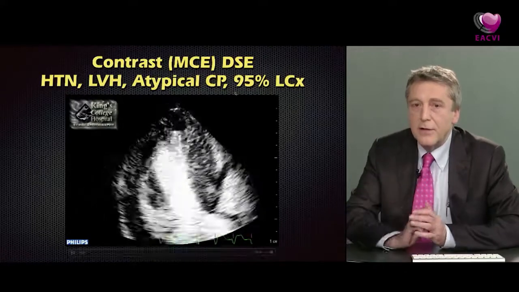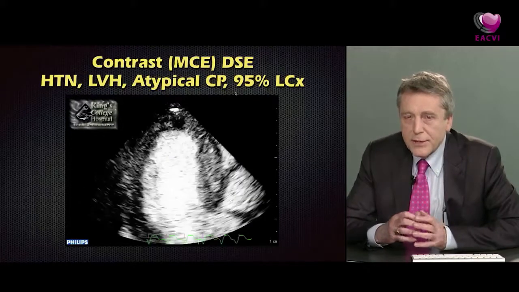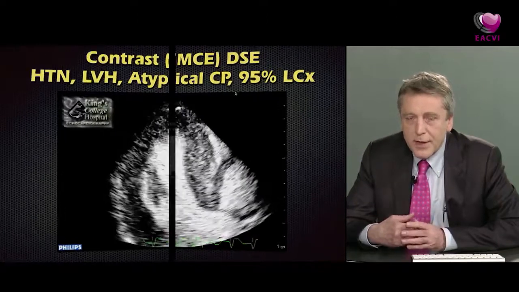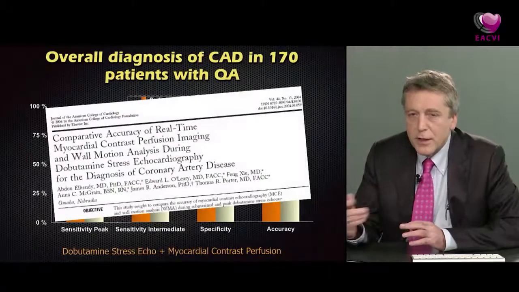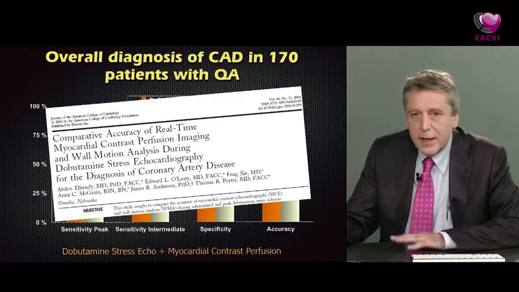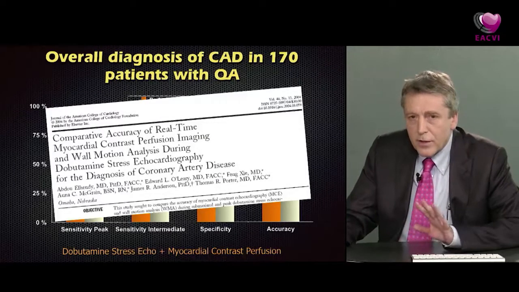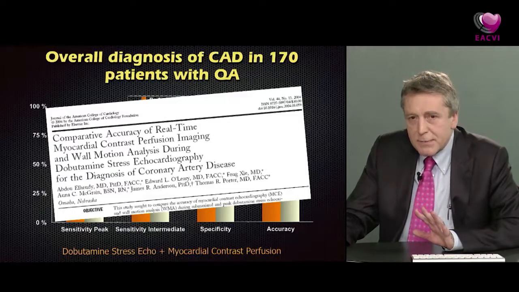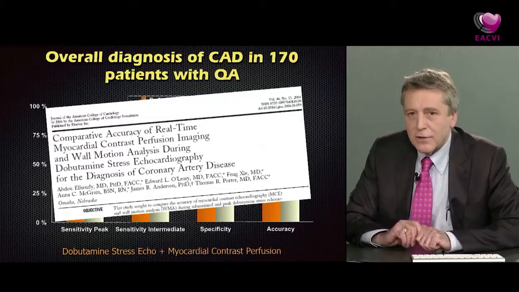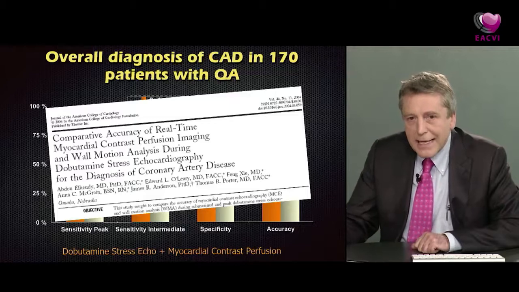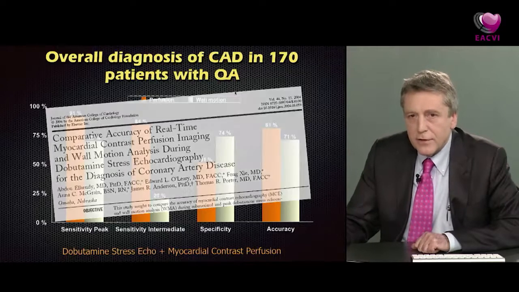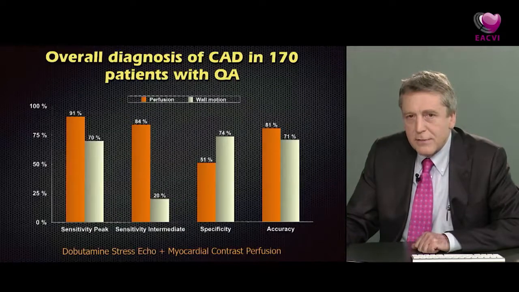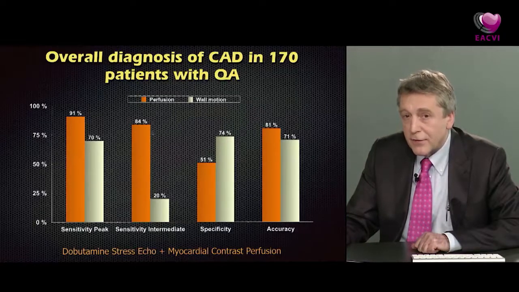Now, again, this has been looked at in a number of publications, and I'm just showing you one for time's sake. This comes from Tom Porter's group in Nebraska, and Tom has done a significant amount of work on the use of myocardial contrast echo during dobutamine stress. This paper really highlights exactly what I was saying, that if you look at an intermediate stage of stress, and look at the sensitivity of perfusion imaging as opposed to wall motion imaging, it's significantly higher.